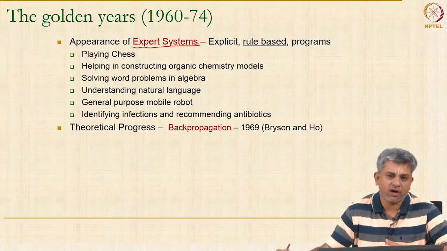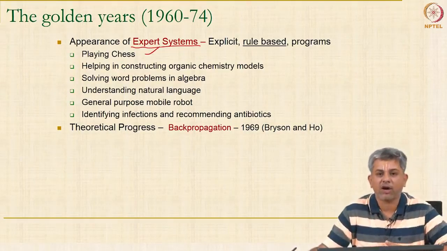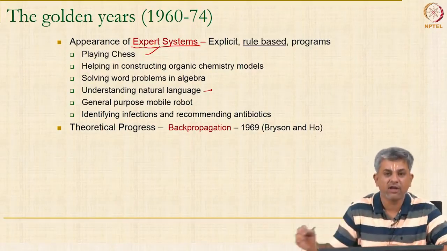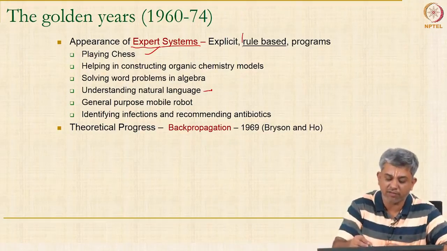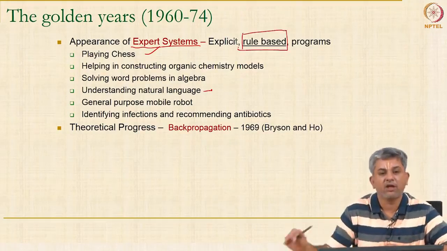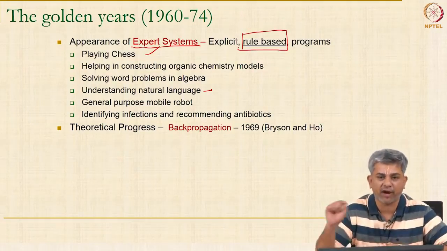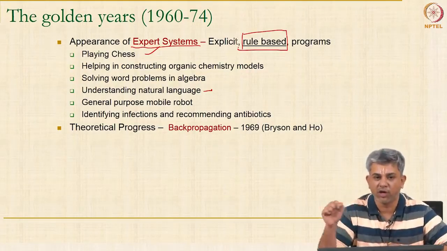In the early days of artificial intelligence, whether it was playing chess, making organic chemistry models, solving word problems in algebra, or even understanding natural language, some progress was made, but it was not good enough precisely because these were completely rule based. You had a rule for every single case, and if you did not give a rule, the computer does not know what to do.